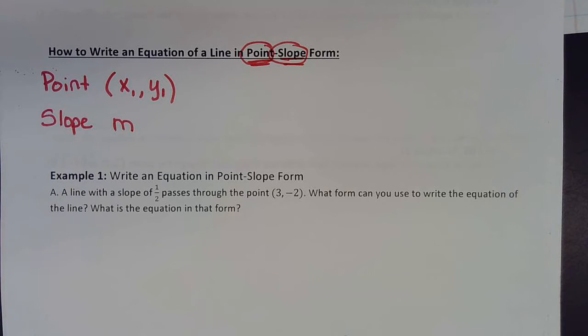Once you know your point and once you know your slope, you can write your equation in point slope form. For funsies, I'm going to use different colors to really show you where things get plugged in.